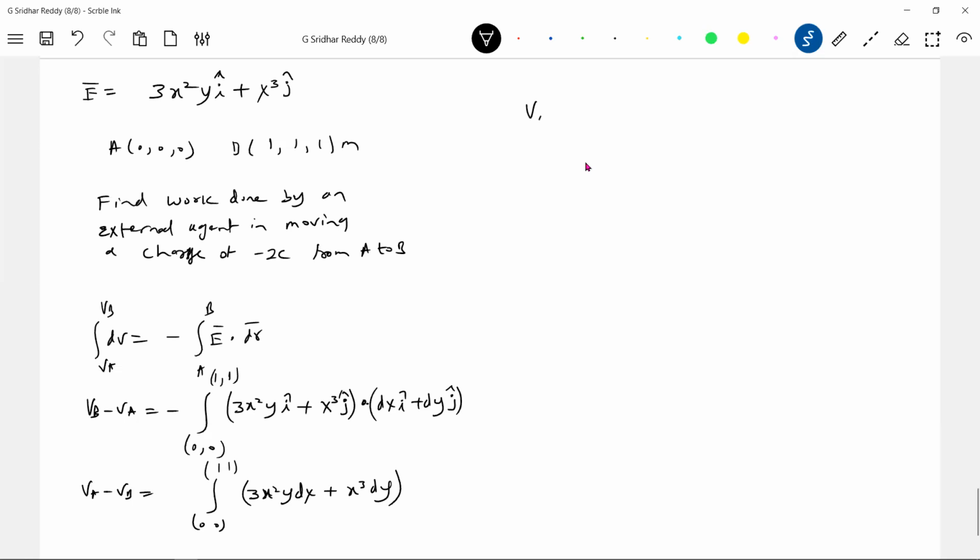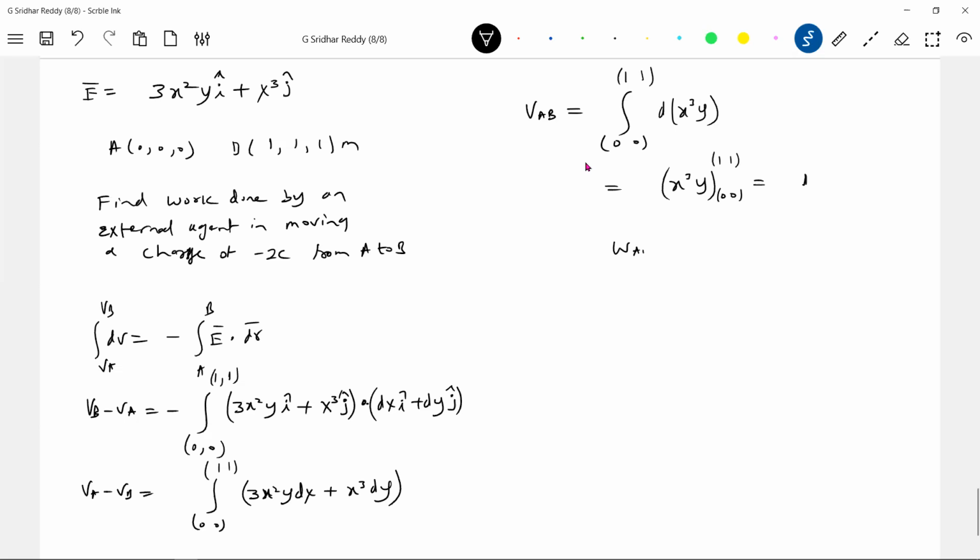Can we search for any derivative? This will be x cube y from (0,0) to (1,1). The derivative and integral will cancel out, so we end up with 1.